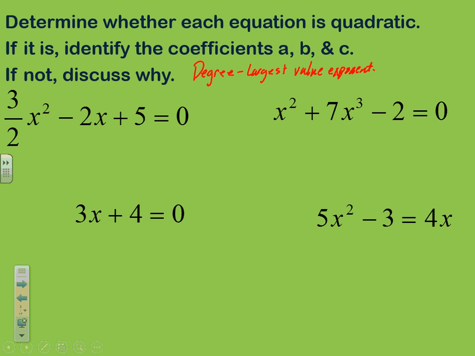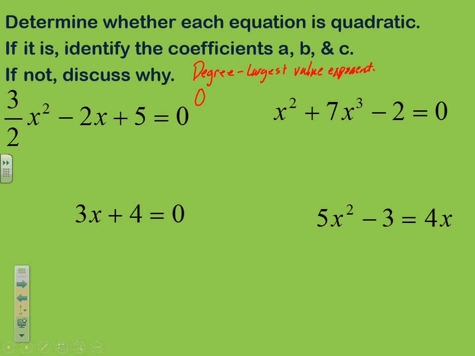So here, looking at this one in the top left, 3 over 2 x squared minus 2x plus 5 is equal to 0, is it quadratic? In order for an equation to be a quadratic function, the degree of the equation, the largest exponent, must be a 2.